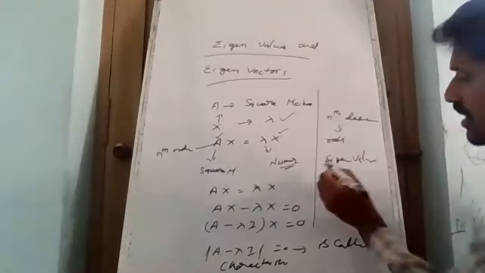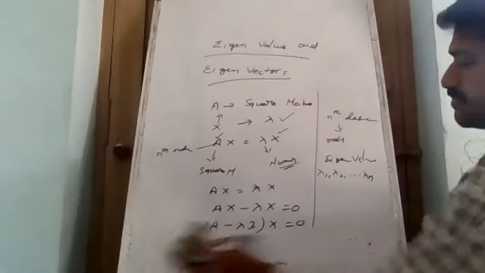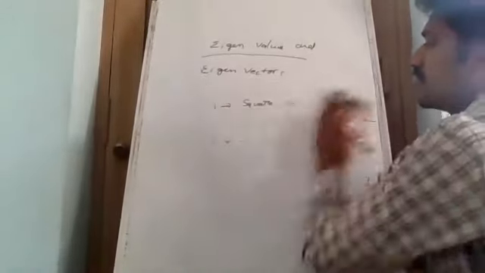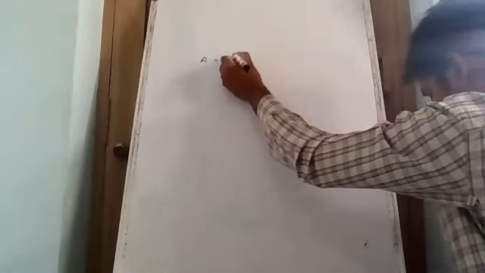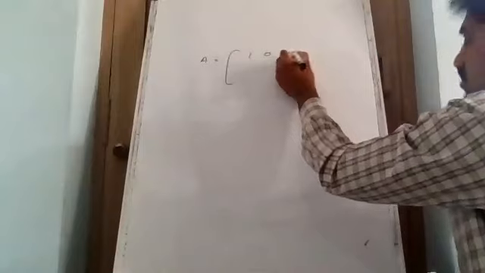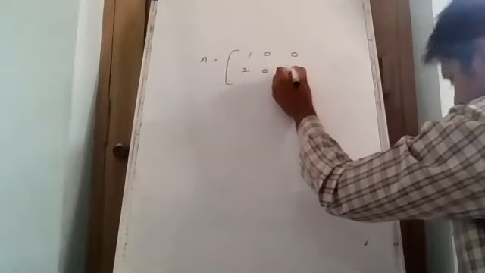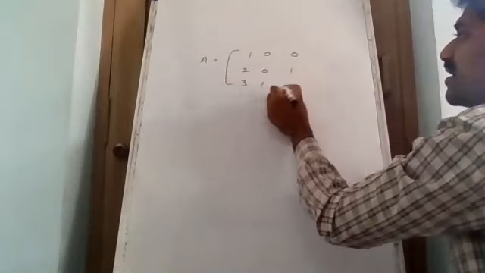Now we will see one example for this. Find the eigenvalues and eigenvectors of the matrix A equal to [1 0 0; 2 0 1; 3 1 0].